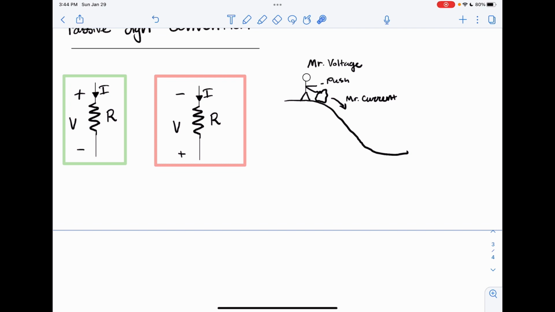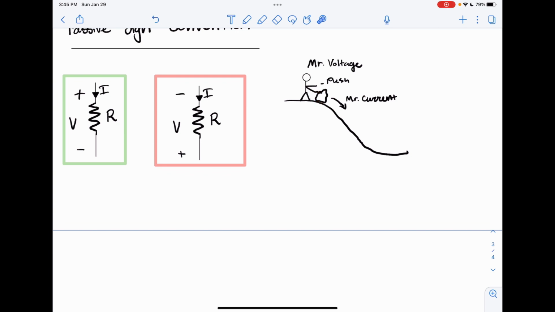So let's talk about Mr. Voltage over here. Mr. Voltage is applying pressure to this rock, this beautifully drawn rock, and it is going to move down this hill. It's not going to take nearly as much effort for Mr. Voltage to push this downhill as it would for him to grunt his way up and possibly get crushed by this abhorrently large boulder.